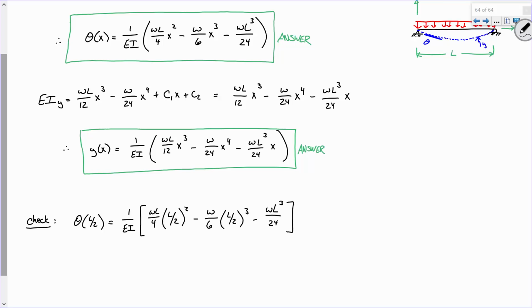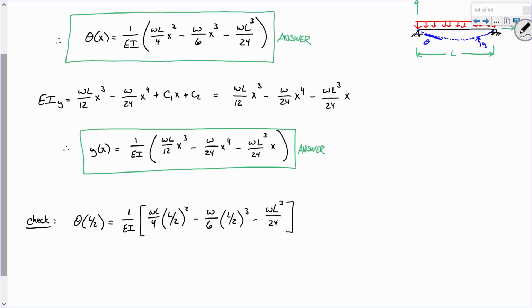Okay. Now, let's do a little bit of plug and chug. What is L over 2 squared? L squared over 4. Everybody okay with that? Now, if I take L squared over 4 times that, what's that going to be? WL to the third over 16.